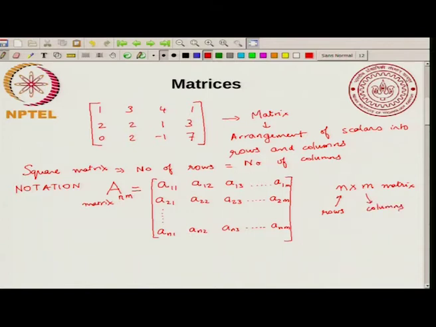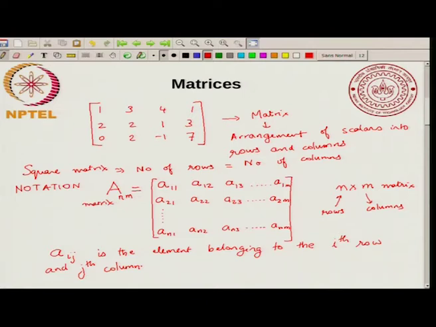This notation is very useful where we just denote the various elements. So, a i j is the element belonging to the ith row and jth column. We will be following this notation throughout.